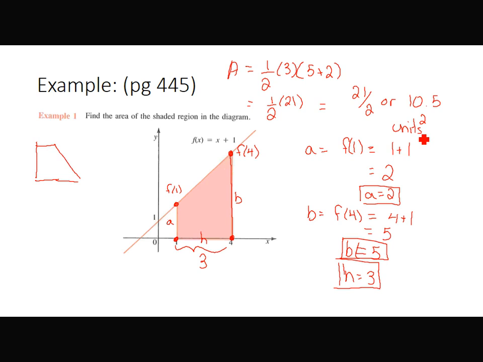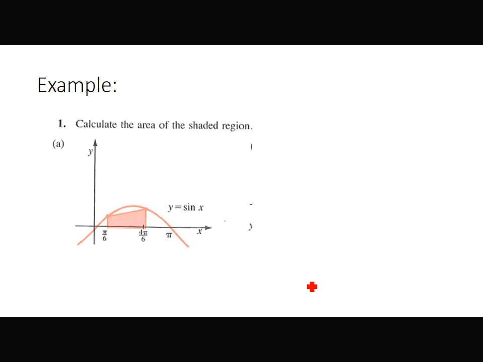Now, when we are doing these areas and we have a curve, we would do an approximation. And so to calculate the area of the shaded region of our second one, here we have a trig equation, y is equal to sine of x, and we're going from pi over 6 to 4 pi over 6. So the first thing that we want to do is find all of our y values.